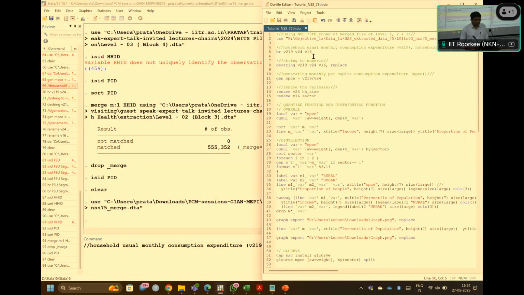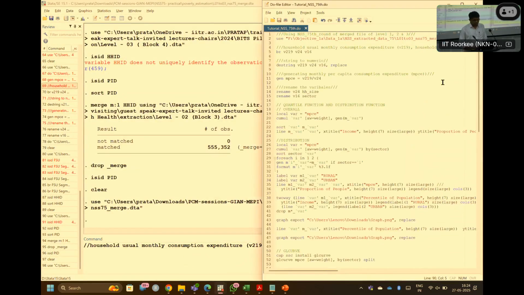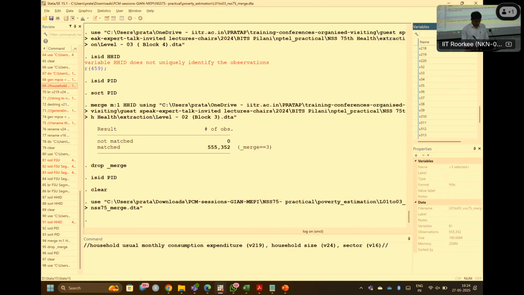So here is our monthly consumption expenditure, variable number 219. Okay, I'll just show you. I didn't get that much time to label it. Variable number 219 is E19. Yes, it is the one.